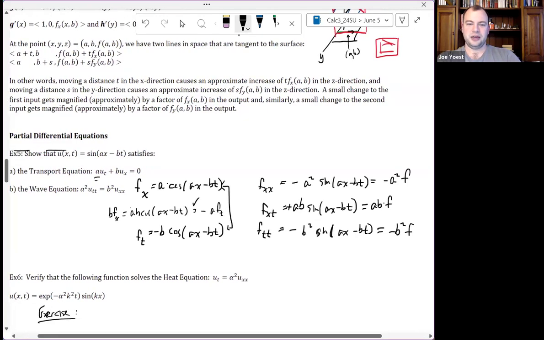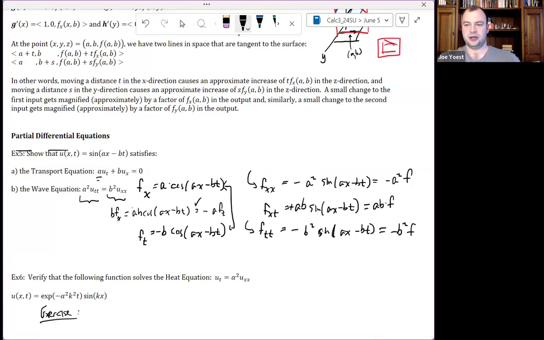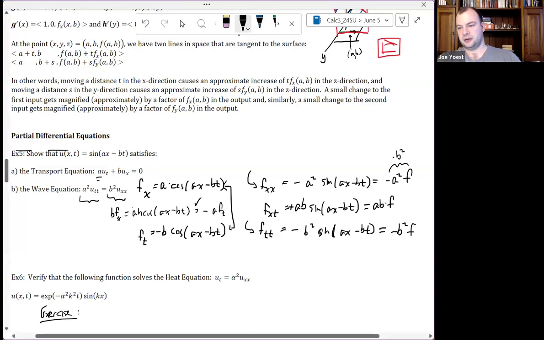Is it true that the wave equation, a squared times the second partial of u with respect to t equals b squared times the second partial of u with respect to x? Well, the second partials with respect to x and t are, again, only off by a constant multiple. The second partial with respect to x, if I multiply it by b squared, I get negative a squared b squared f, where f is my original function here.